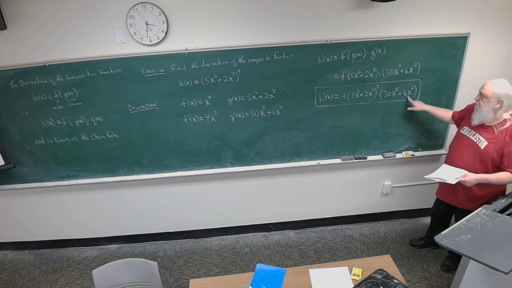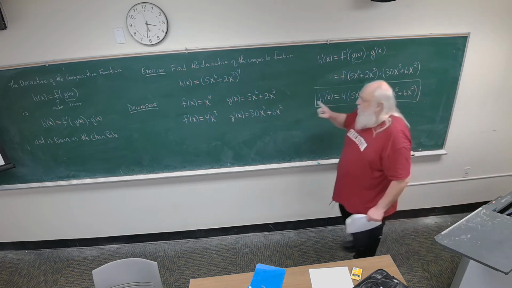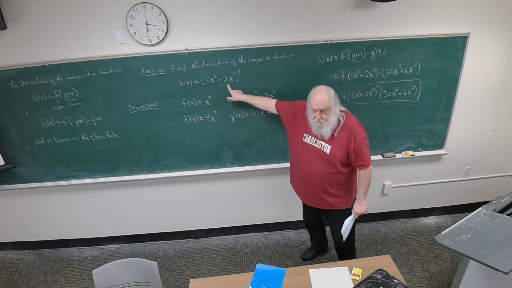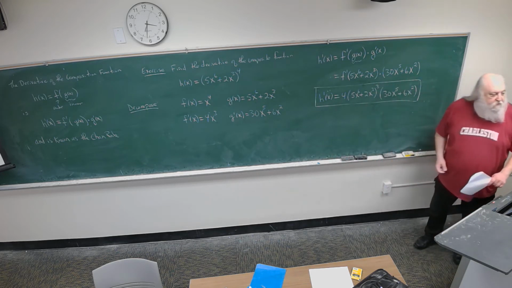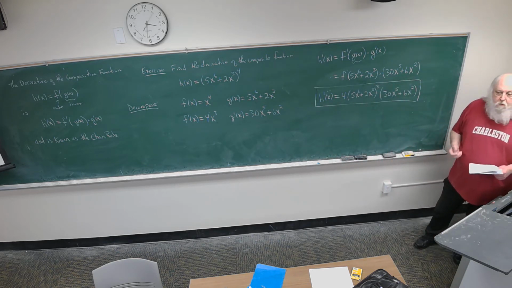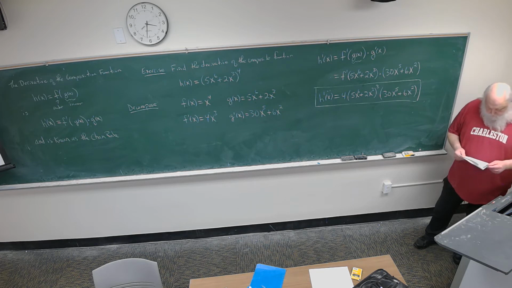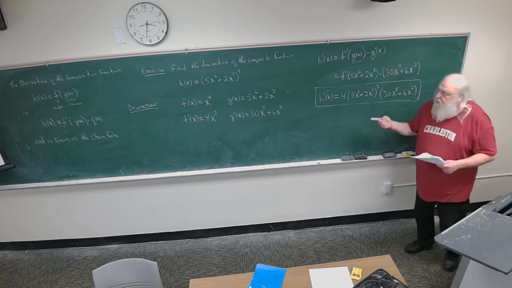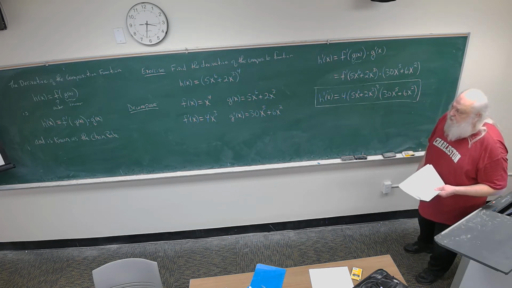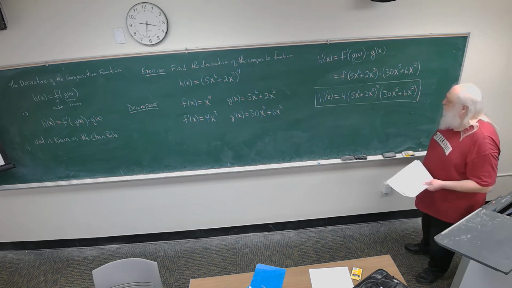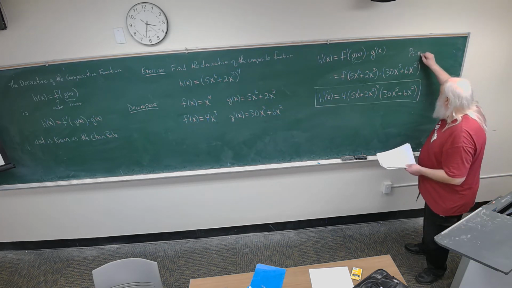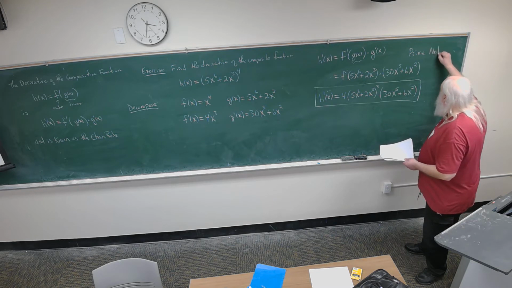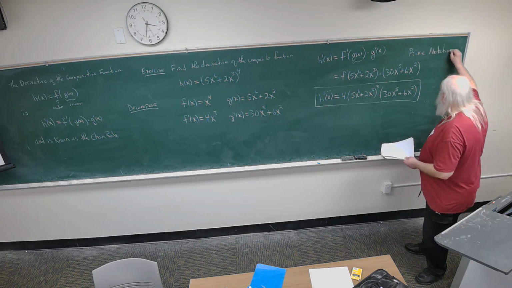So this is the derivative of the h of x over here. Okay? Any questions? Nada? Okay. All right. So this is an application of the chain rule used in what is called prime notation, or function notation.